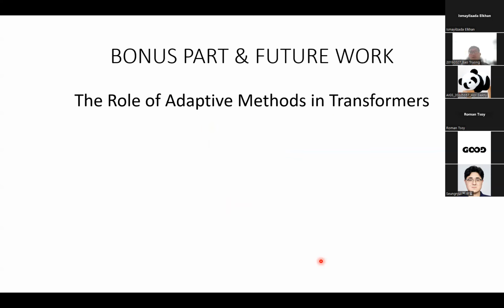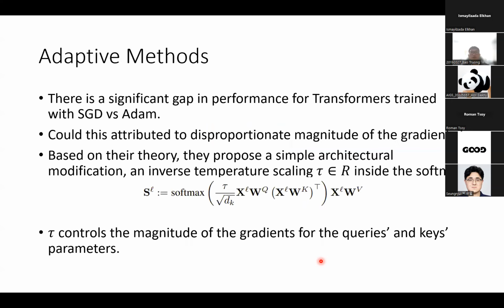So they speculate that adaptive methods, which have been known to outperform SGD, help here. Based on the expression of the gradient we already derived, they propose a very simple architectural modification.